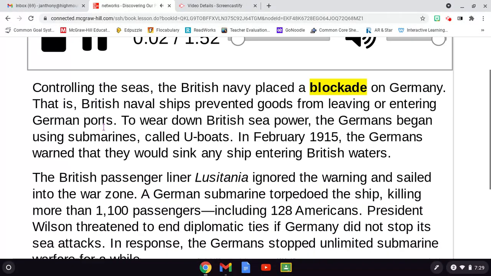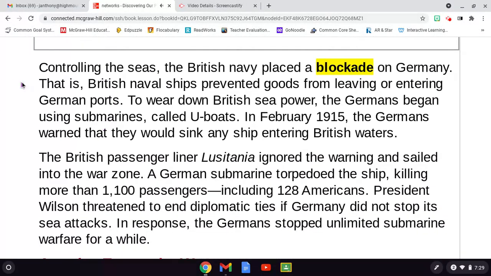Controlling the seas, the British Navy placed a blockade on Germany. That is, British naval ships prevented goods from leaving or entering German ports. To wear down British sea power, the Germans began using submarines called U-boats. In February 1915, the Germans warned that they would sink any ship entering British waters. The British passenger liner Lusitania ignored the warning and sailed into the war zone.